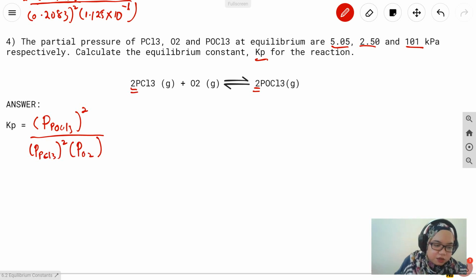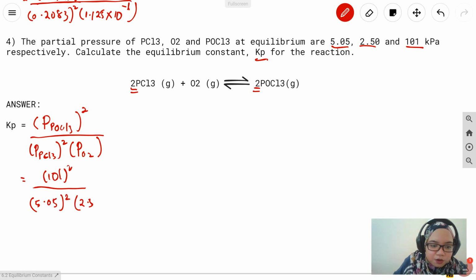Now we have the value for each. POCl3 is 101, so 101 squared over 5.05 squared times 2.50. So we will get the answer, which is 160.